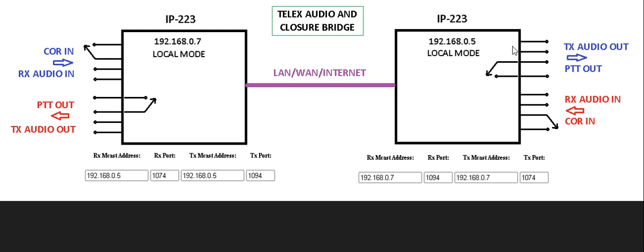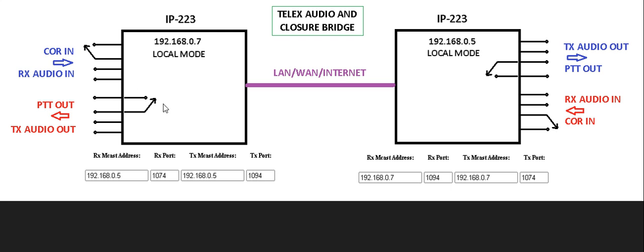Now the same thing happens in the opposite direction. When you have a COR contact closure here, it tells the IP-223 to start putting this analog audio into packets and send it down the line toward its destination, which is in this case the dot 7. Now when it hits the dot 7, those 1094 packets are interpreted as transmit packets.